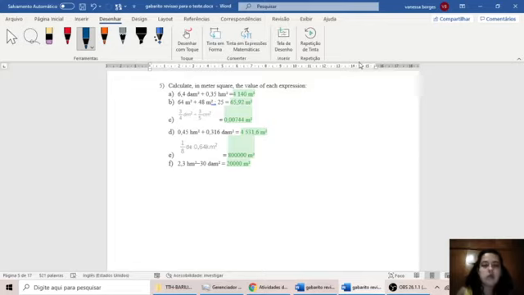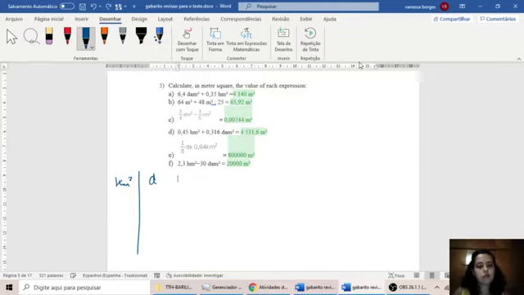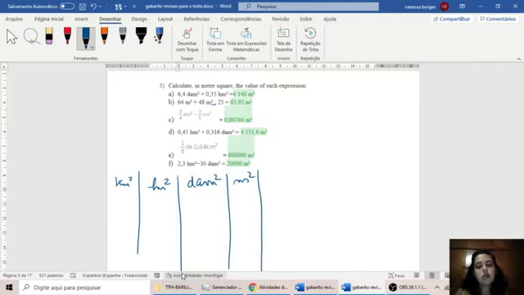Okay, so again, kilometer square, hectometer square, decameter square, meter square, decimeter square, centimeter square, and millimeter square.